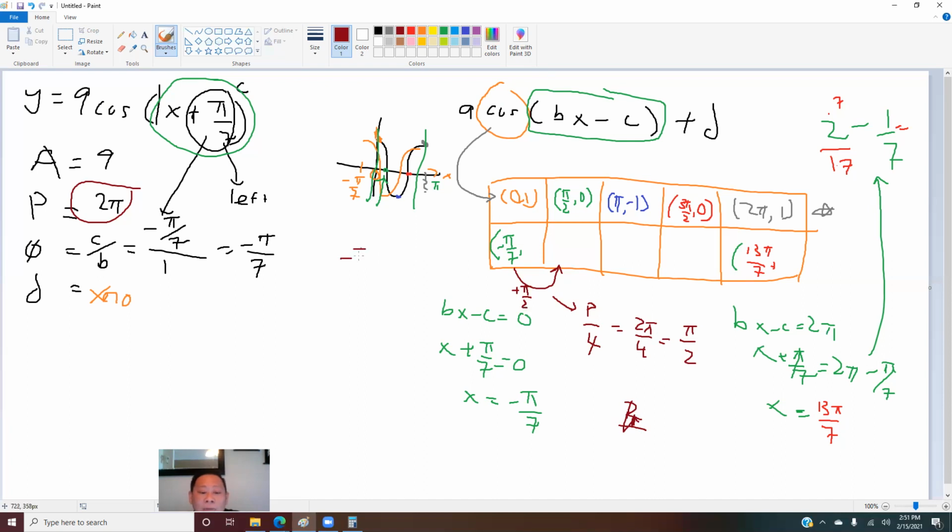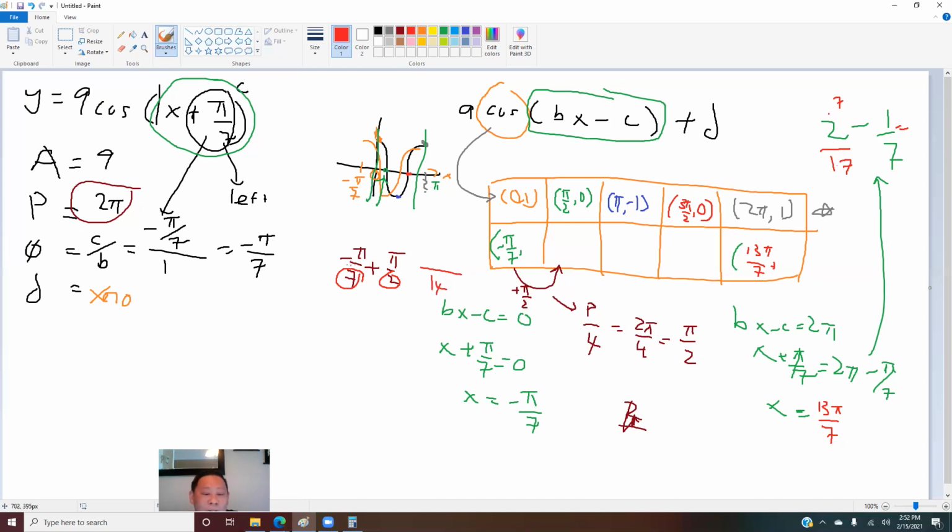So what is negative pi over 7 plus pi over 2? You have to get a common denominator for that one. Multiply by 7, multiply by 2 on each side. What is the least common denominator for 7 and 2? 14.